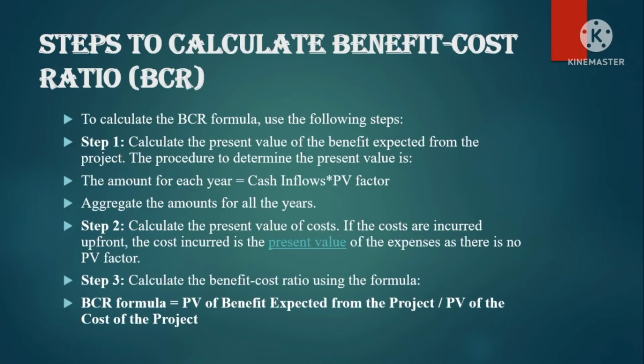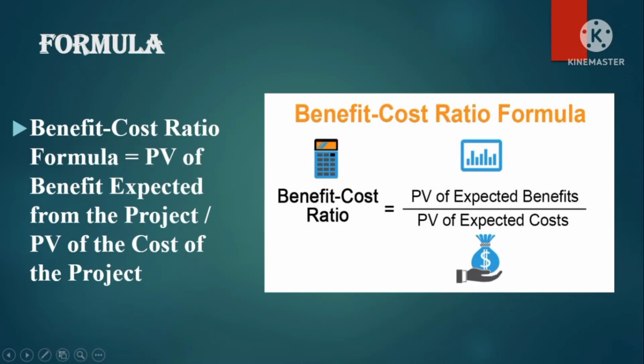The next one is the steps to calculate the benefit cost ratio or BCR. So this is the formula of benefit cost ratio: BCR is equal to the present value of expected benefits divided by the present value of expected cost.